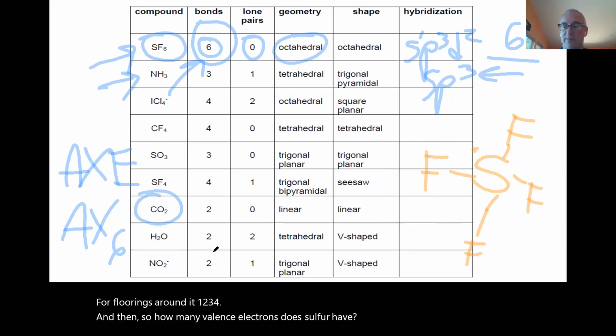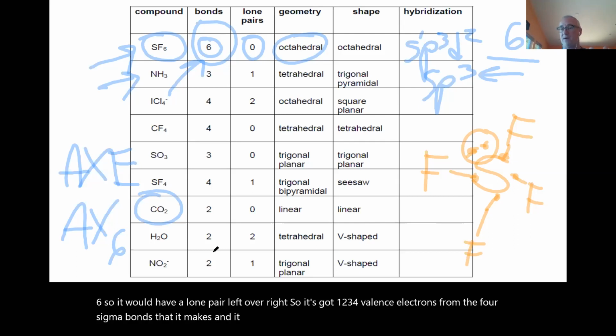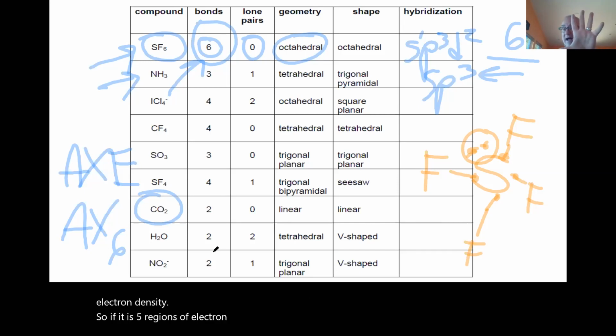So it would have a lone pair left over, right? It has 4 valence electrons in the 4 sigma bonds it makes, and another lone pair left over. So that's 5 regions of electron density, so it needs 5 hybridized orbitals.